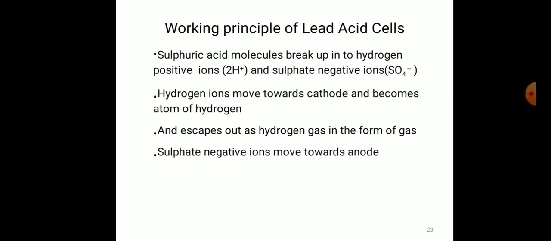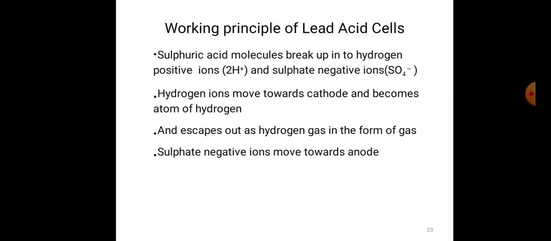Hydrogen ions move towards the cathode and become atoms of hydrogen, and they escape as hydrogen gas.